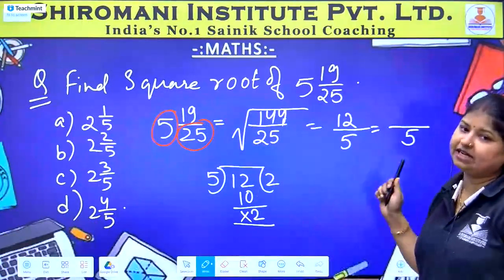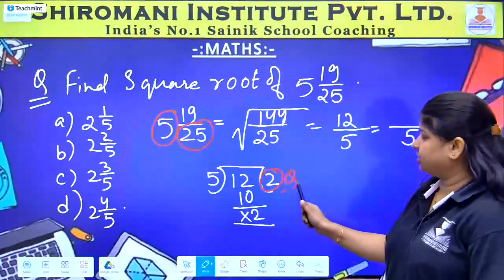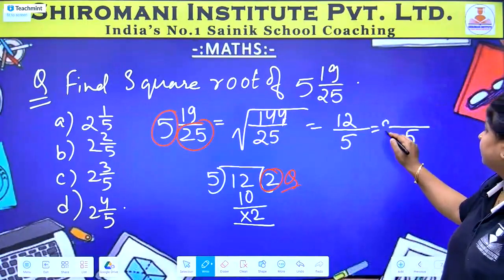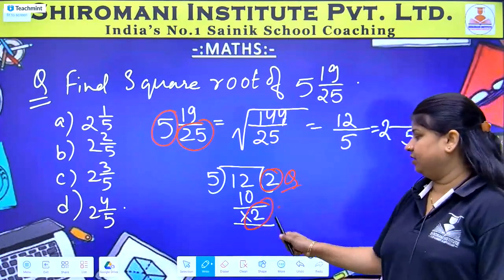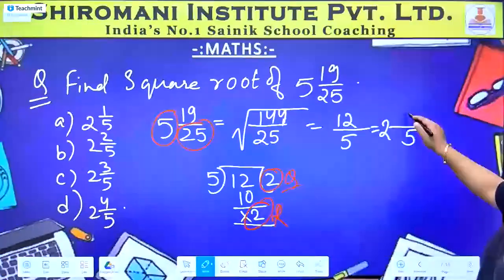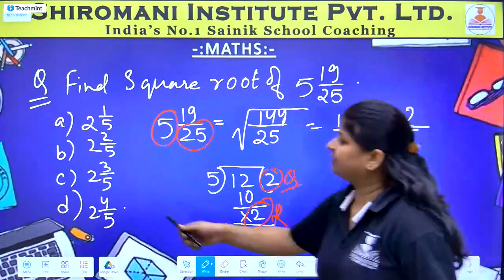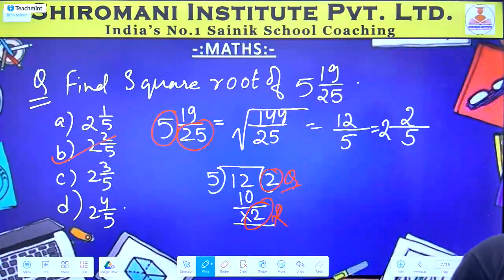This 2, which is the quotient, is written in the side, and the remainder is written at the top. So 2 whole 2 by 5. That is option B is my answer.